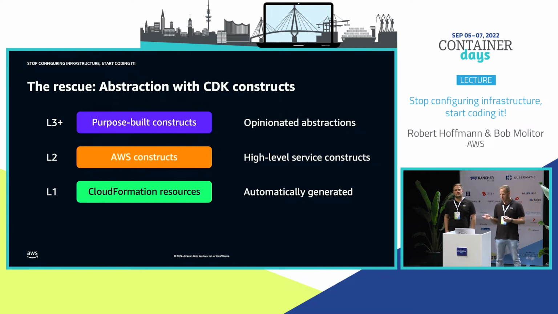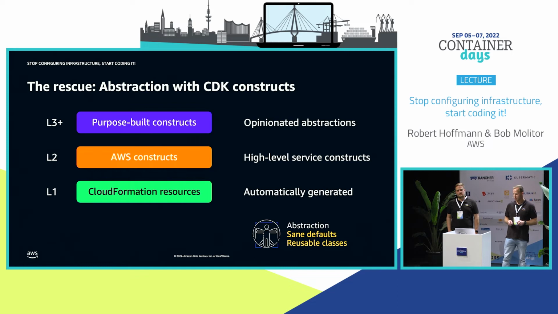So what Robert mentioned before with the web service, you can build it as one class, and you can provide it over NPM or your internal Git or whatever, and just share it, and you can look like an infrastructure wizard without the 16 years of experience that might probably be needed in the next job description out on the market. So that's the abstraction, the same defaults and the reusable class we are talking about.